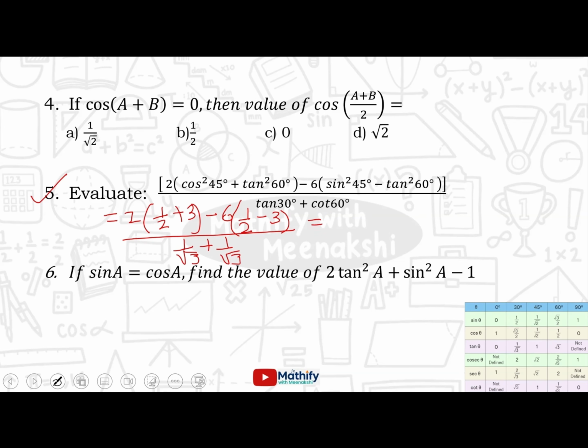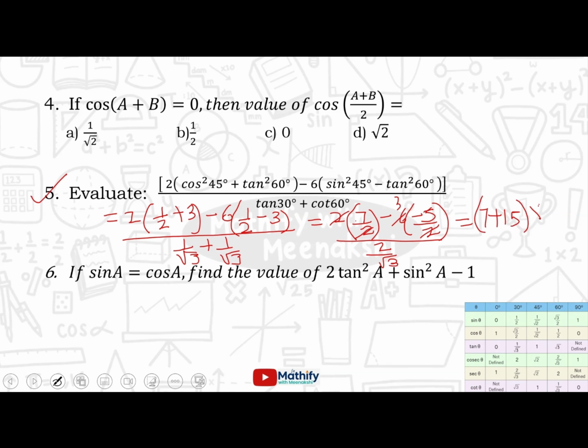Solve this, you will get 2 into 7 by 2 minus 6 into minus 5 by 2. You can cut this, and in denominator you can write 2 by root 3. So in numerator you are left with 7 plus 15, and in denominator it's 2 by root 3.